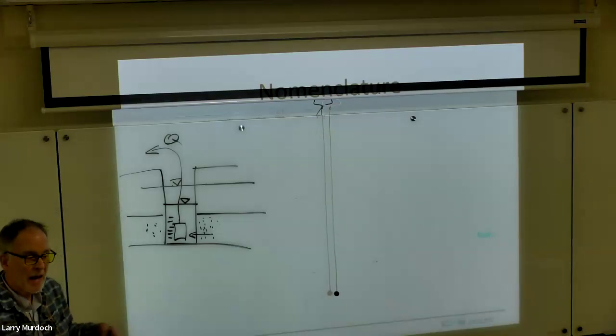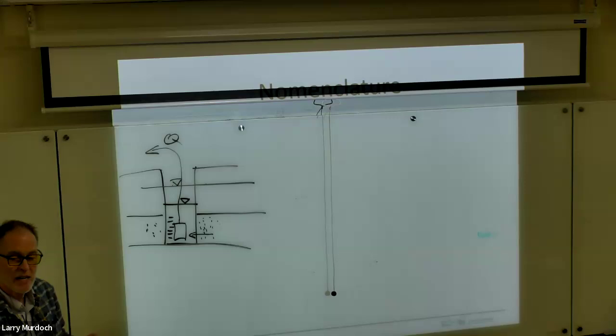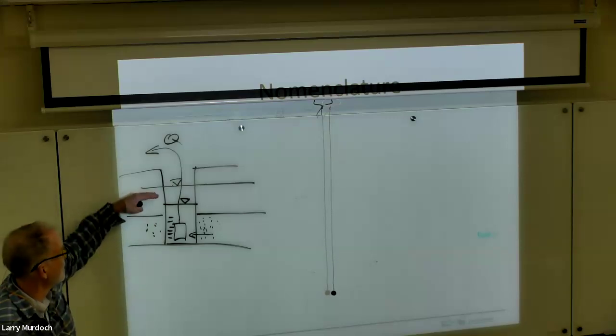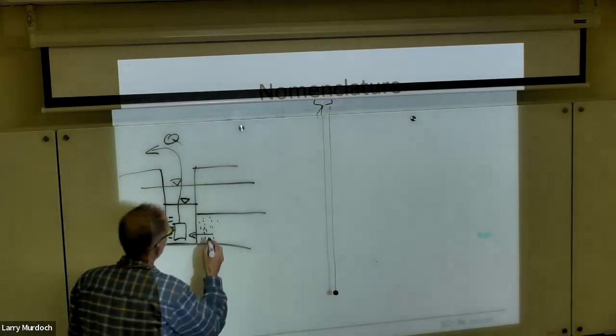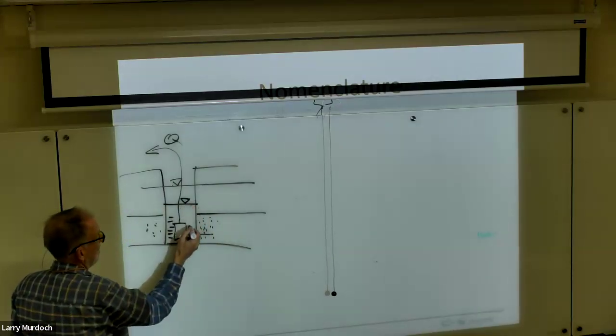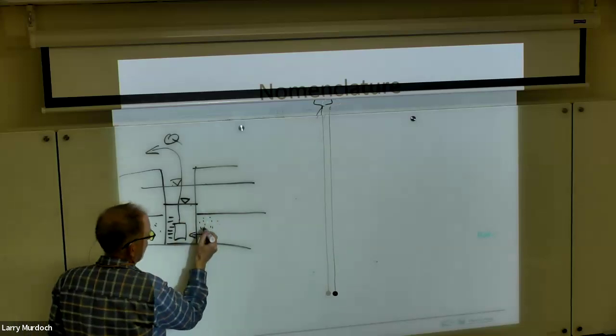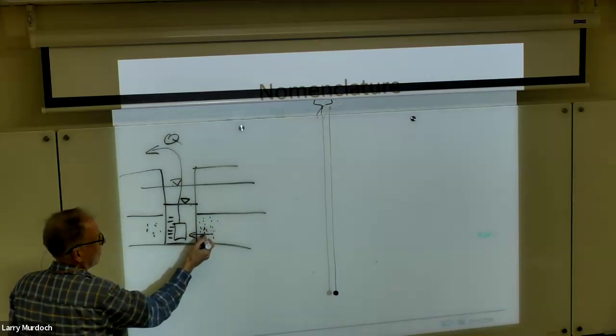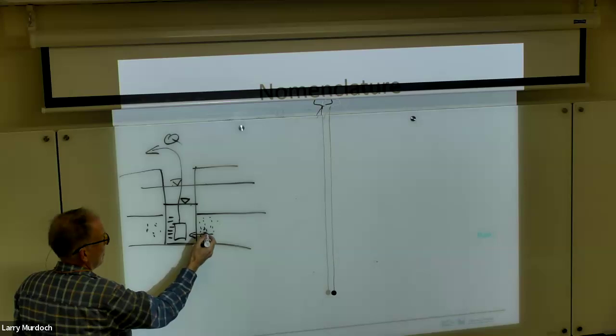So we don't have pores draining, we just have this representing the hydraulic head in the aquifer. So what happens when we drop the hydraulic head in the well is that the hydraulic head in the aquifer is also going to drop.